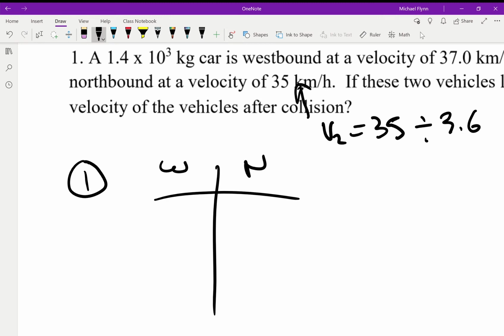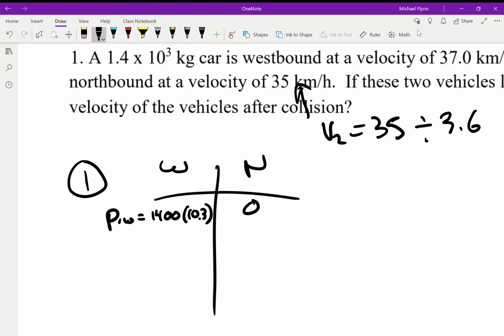So P1 west equals 1,400 times 10.3. P1 north is 0 because it's only moving west. Now the other guy is moving 35 kilometers per hour. 35 divided by 3.6 is 9.72.